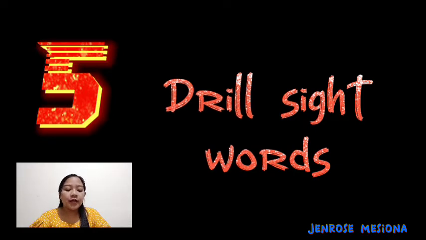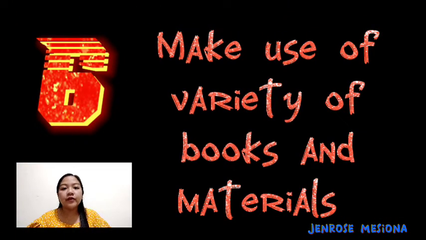Around 50% of all books and classroom-based materials for young readers are composed of words from the Dolch list. Another strategy in developing reading fluency is to make use of a variety of books and materials.